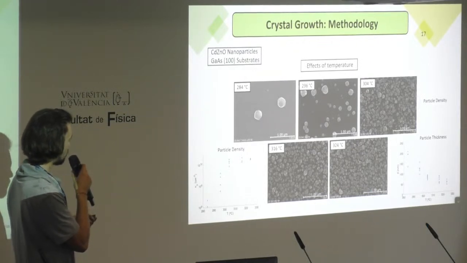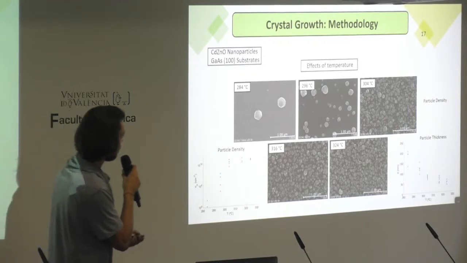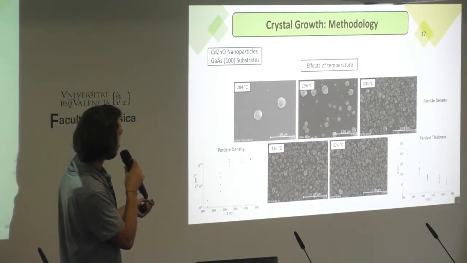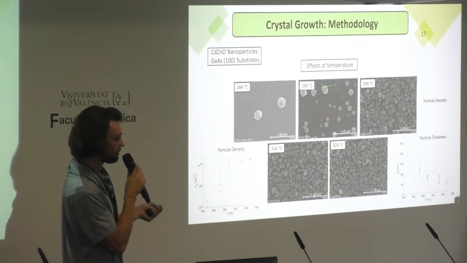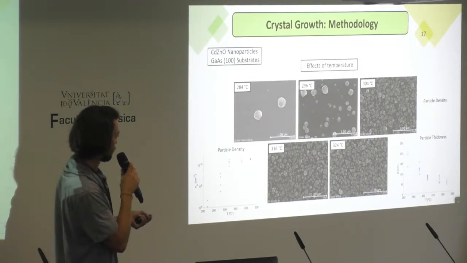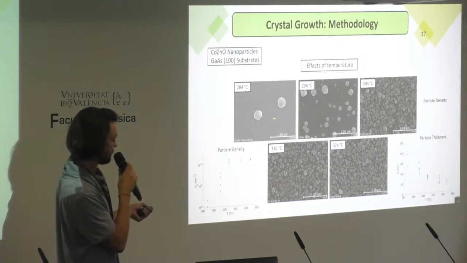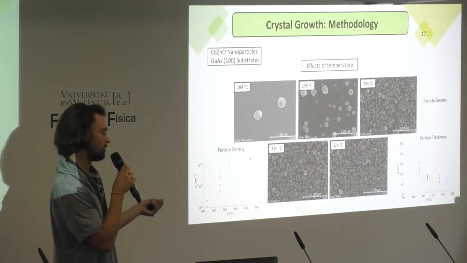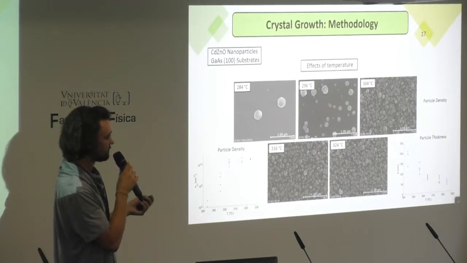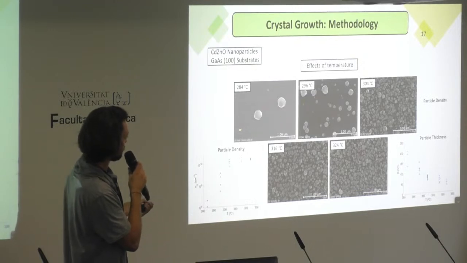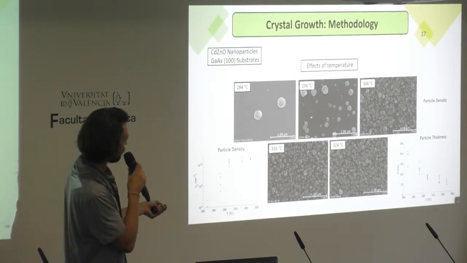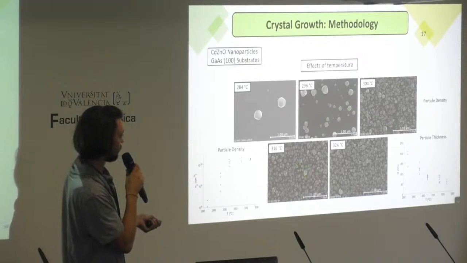To finish, I've put some examples of work I've done, regarding cadmium zinc oxide nanoparticles on gallium arsenide. At first, we changed the temperature to see how this affects the growth. Here we have a very low density of particles, and they are very big. As we increase the temperature, we get more and more particles and they reduce in volume.